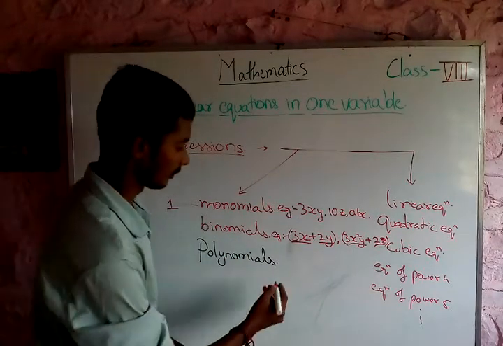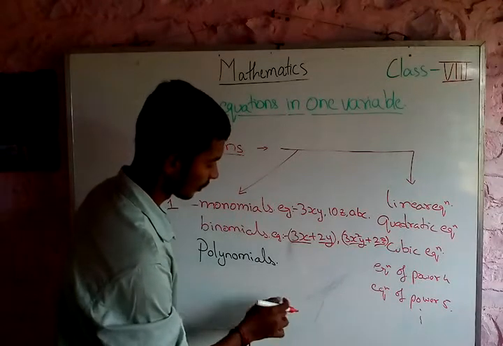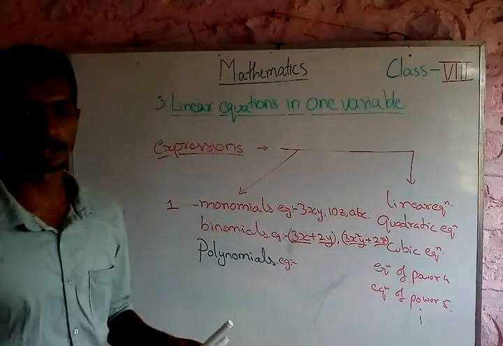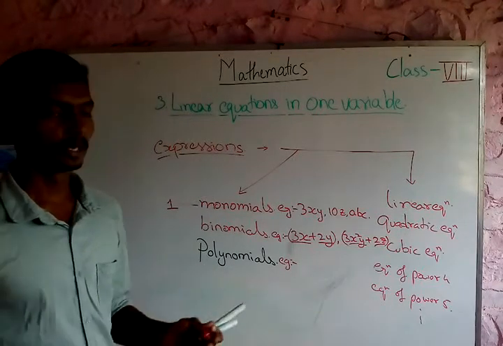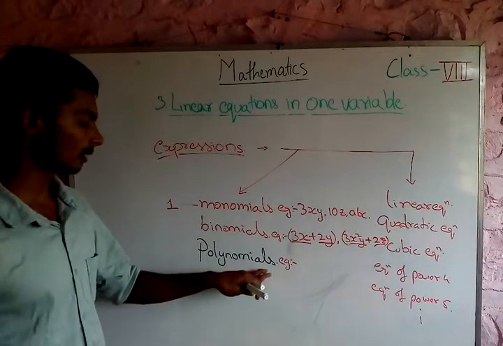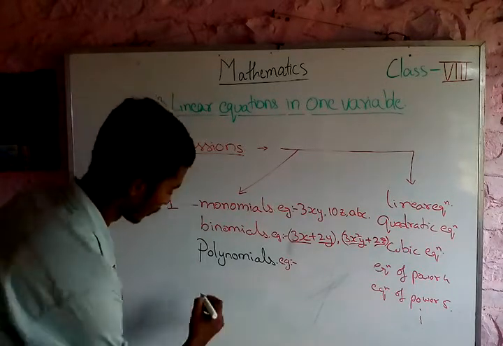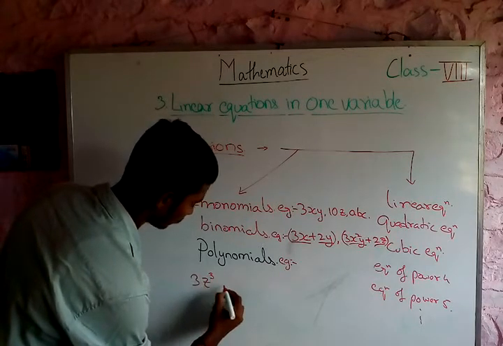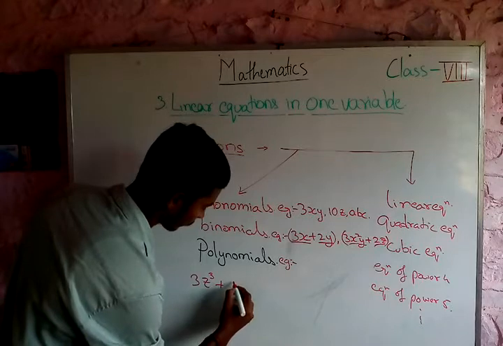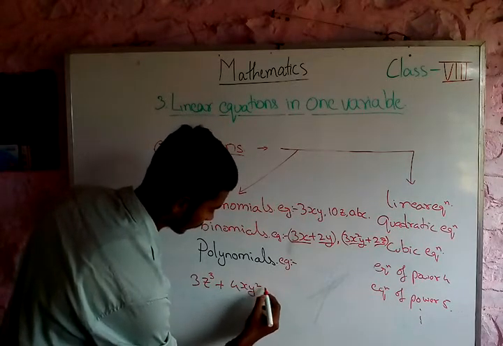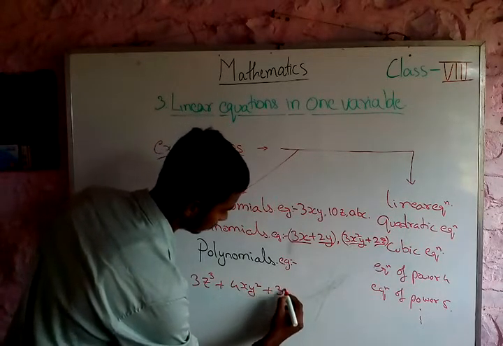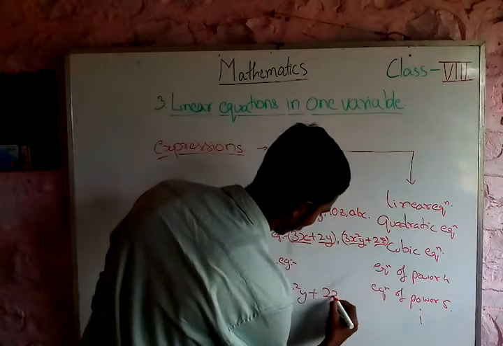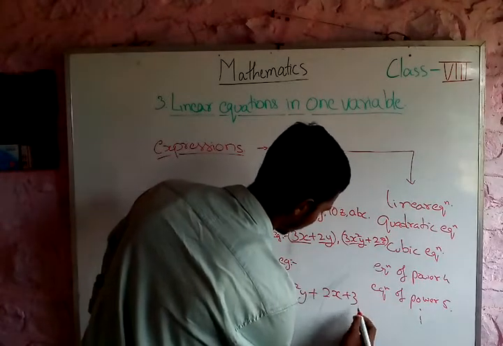Okay, and now see, if you have more than two terms in any expression, then they come under polynomial expressions. For example, 3z cube plus 4xy square plus 3x square y plus 2x plus 3, of this kind.